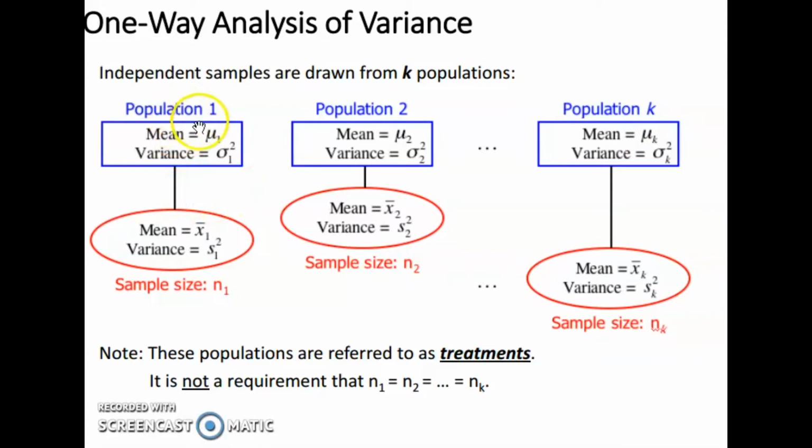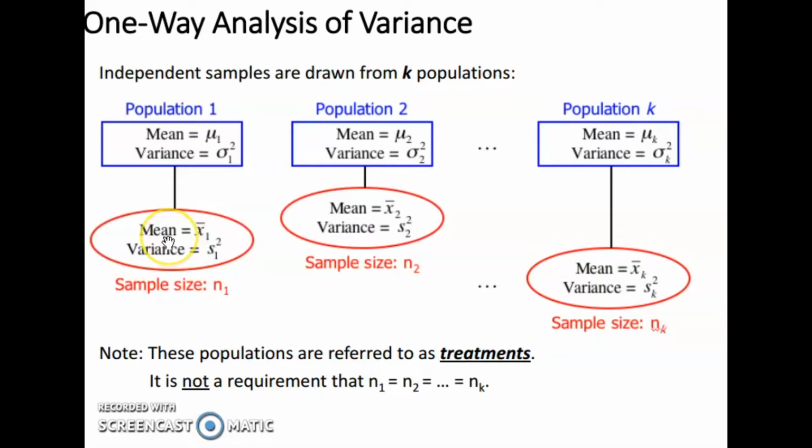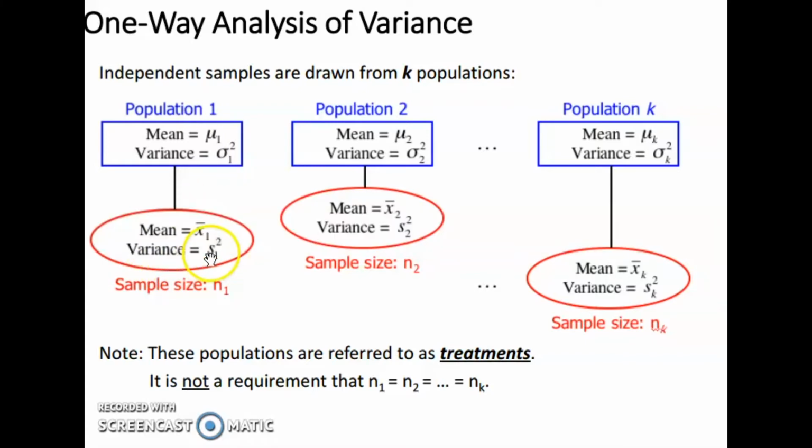But usually we don't have the population data, we have samples. So we take a sample from population 1, a sample from population 2, and a sample from population 3. These are independent samples. From each sample, we can calculate the mean, the x bar. Subscript 1 means this is the average of the starting salaries of graduates from the field of science, calculated from the sample, along with the sample variance.